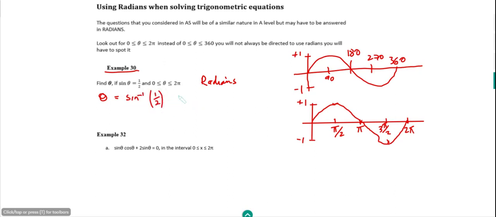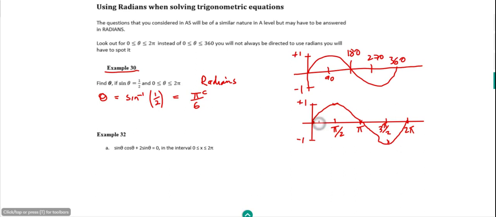If you put that in, what your calculator is going to do is give you the answer that is nearest to 0. So you get the first solution to this equation, and it will give you that theta when measured in radians is pi by 6.